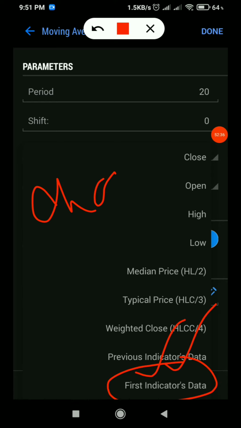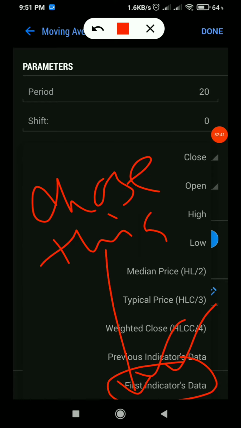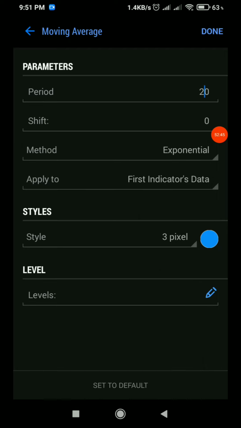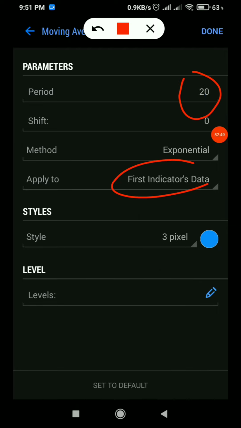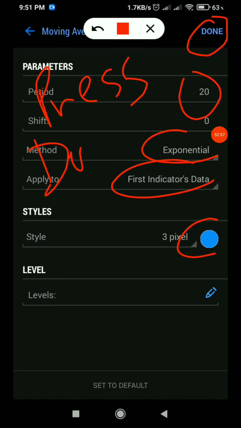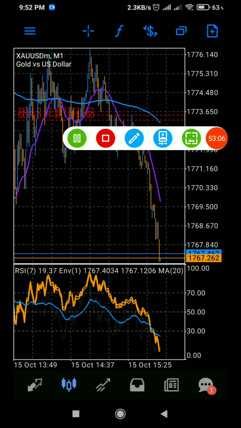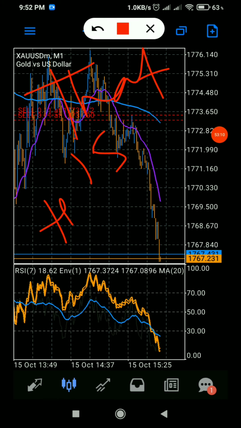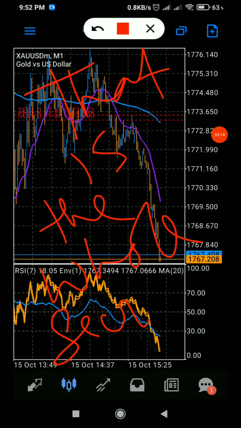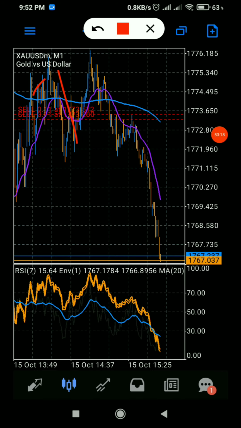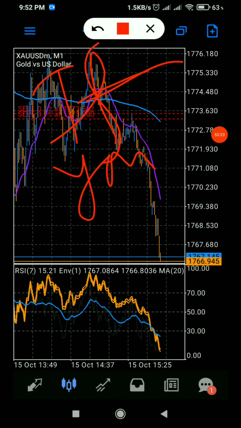You see, choose this option, apply to first indicator's data. That's it. So 20 exponential moving average, blue color, and press the done button. So this will be applied on the second window. That's it. That is the whole setup, the whole secret of this Thunderlight strategy.